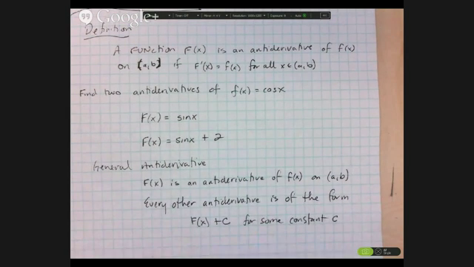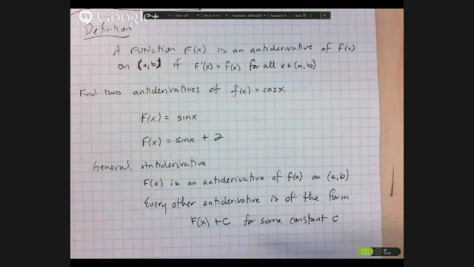Do you kind of get the picture here? Instead of taking the derivative of little f and getting f prime, we're taking the derivative of big F and getting little f. So we're taking a step in the opposite direction of a derivative.